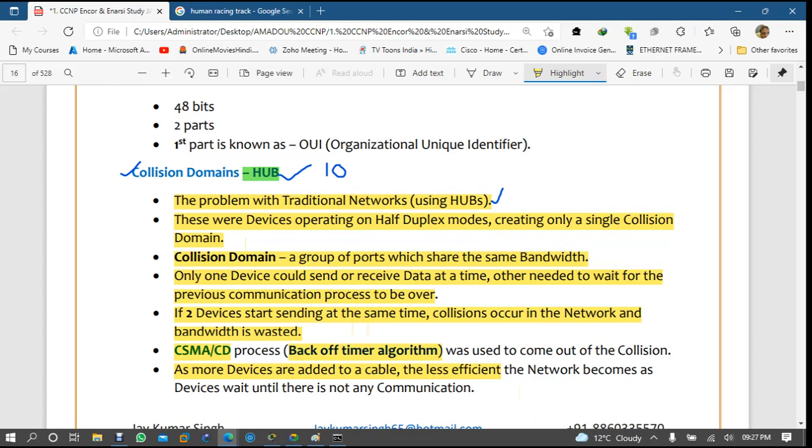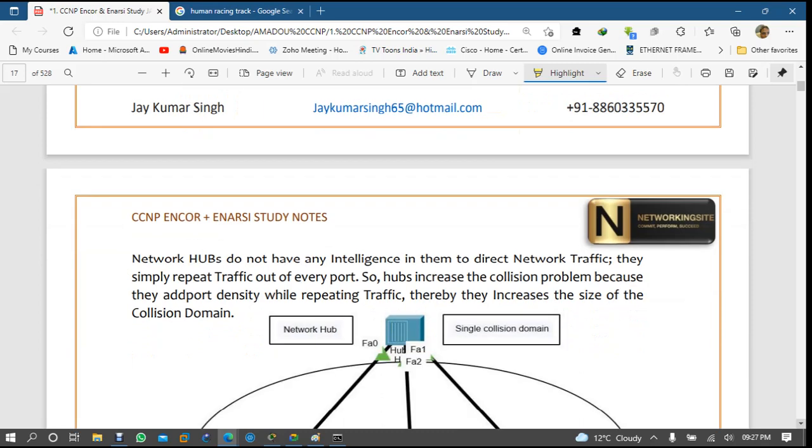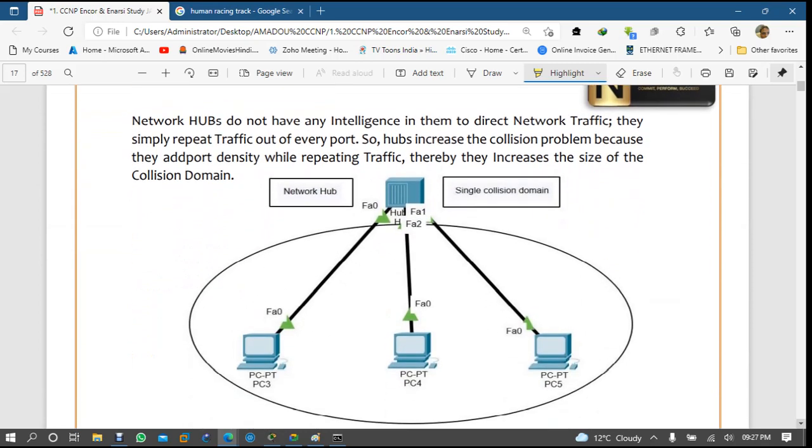But now we have new technology, good speed and large networks, and in this condition a hub is not suitable.